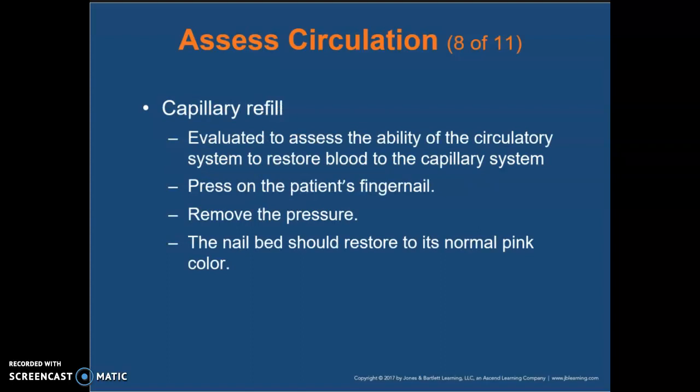Checking capillary refill. This is checking the ability of the body to restore blood to the fingertip. Obviously, the fingertips are peripheral on the body, so if you've got decent perfusion, you should be able to pinch a person's fingernail, have it go white, and then return to color very, very quickly.